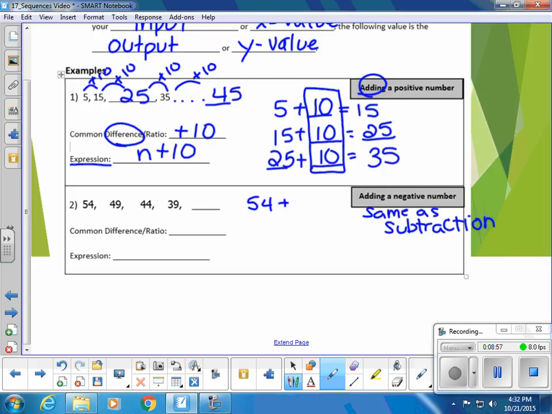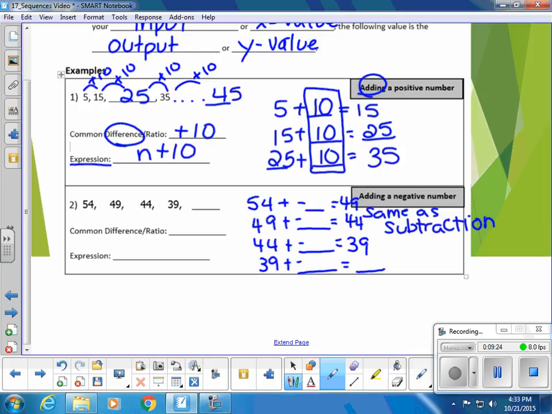I'm adding a negative something, and I got 49. Then I started at 49, added that same number, and got 44. Then I started at 44, added that same negative number, and got 39. Then if I'm at 39, I add that same number, and I get what I'm missing.